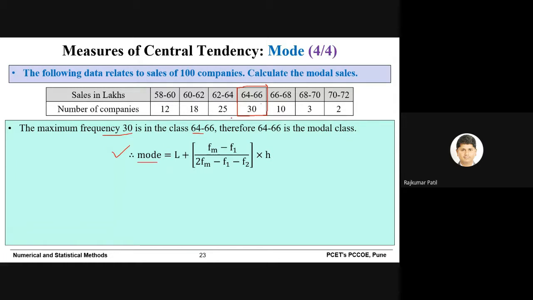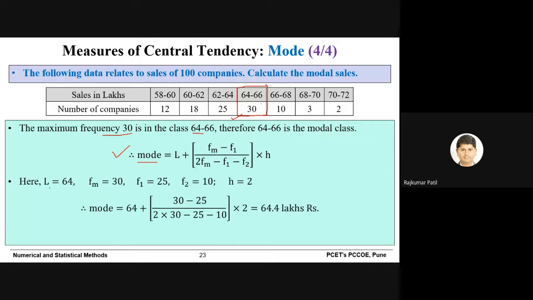So we identified the range here. For this given data, L is 64, Fm is 30.